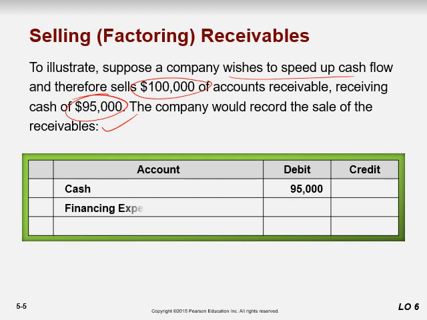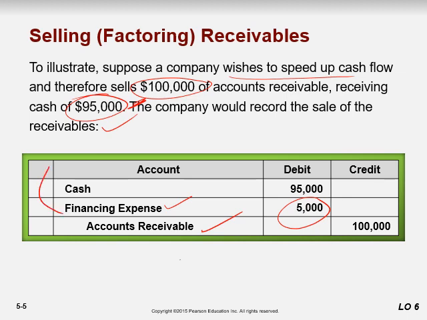Cash 95,000, and factoring or financing expense 5,000, which is your expense, right? It is the difference, and you credit accounts receivable 100,000. It means collecting from your accounts receivable is not your responsibility now, it is the responsibility of the financing agent, which is called the factor, and that is his income and your expense.